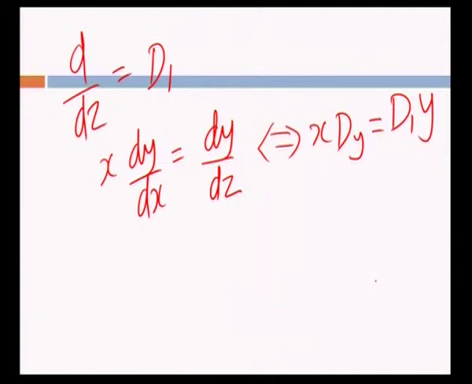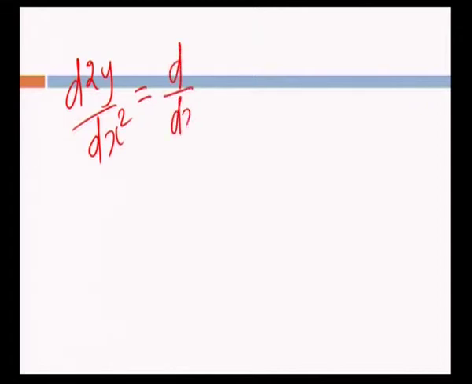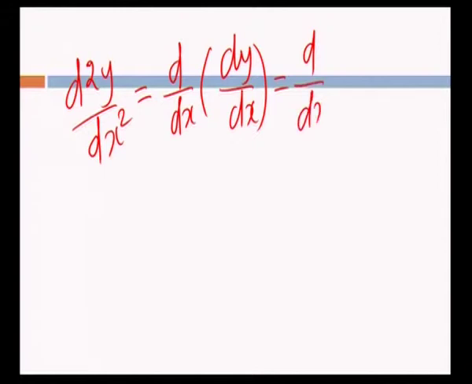Proceeding in the same way for the second derivative, we get d square y by dx square is equal to d by dx of dy by dx, which is equal to d by dx of 1 by x into dy by dz.